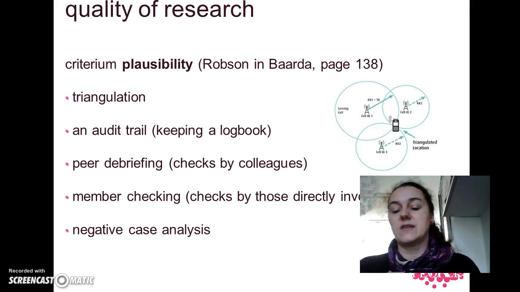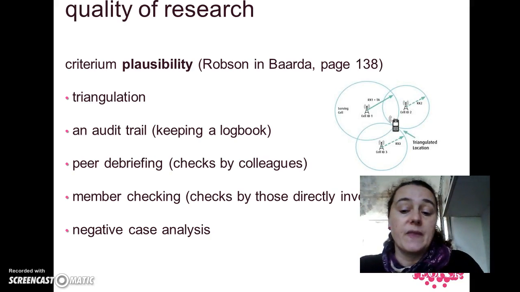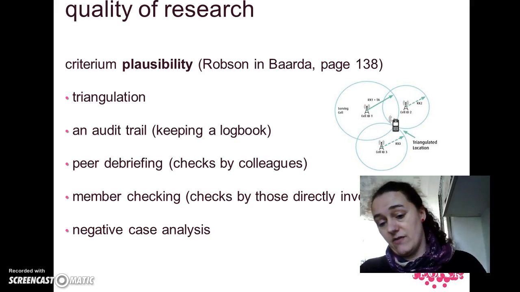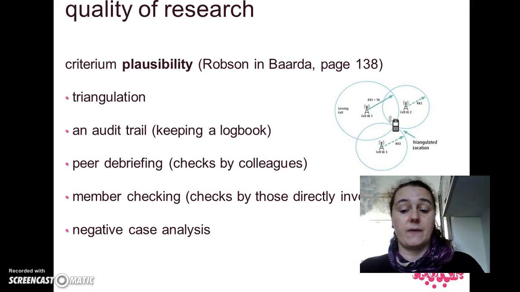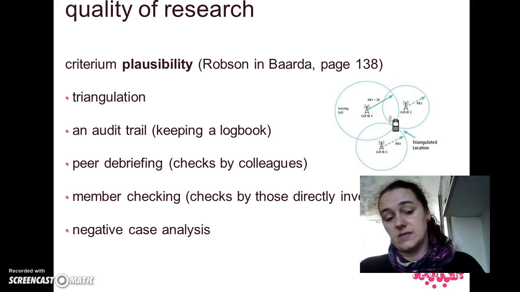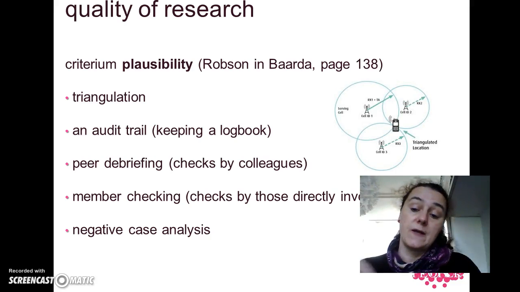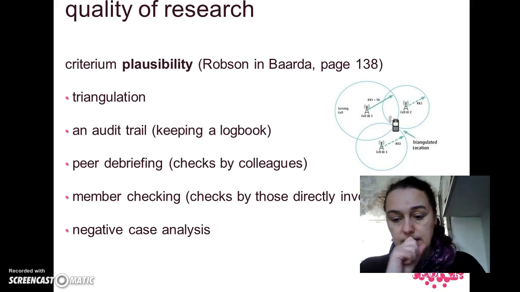For example, if you've registered the time and it's about people's moods, it can be that because of daily fluctuations in the moods, you will find different results in the evening than in the morning. And if there's new data about it, you can go back through your audit trail, through your logbooks, to find out about those things and double check again.